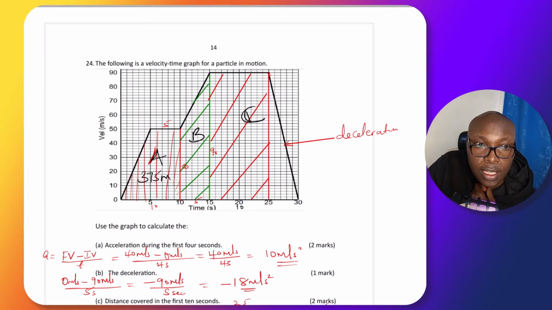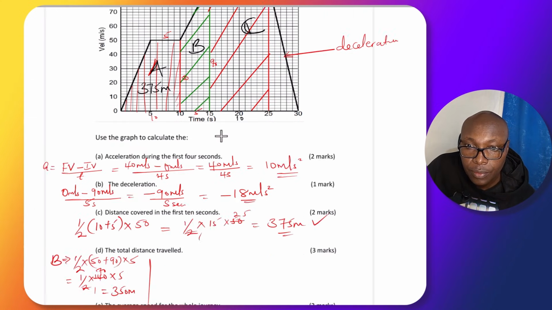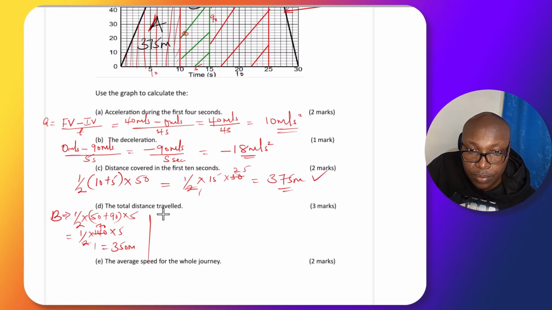So the area of C, 90 times 10, will be 900 meters.